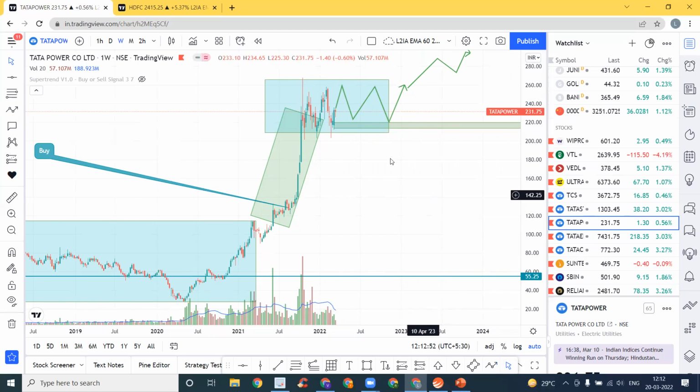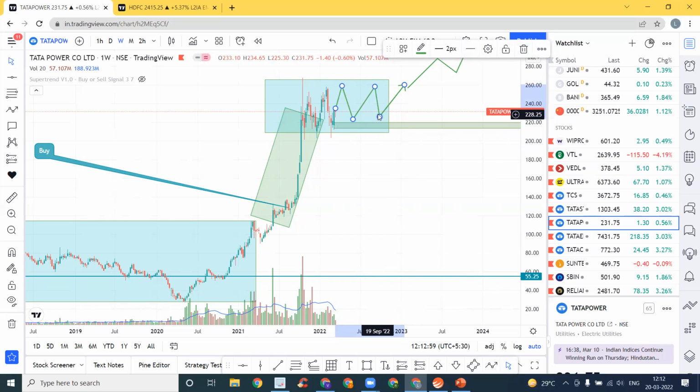It can happen that from this level, it can come down, I'm just pulling this. यहां से वो नीचे भी आ सकता है.